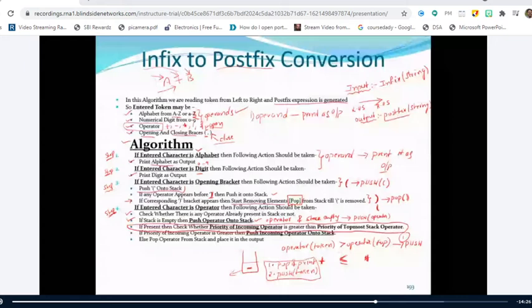That's it. Next, what do you have to do when you come across the opening parenthesis? Push it, sir. Super. You just have to perform the push operation. And what do you have to do when you come across the closed parenthesis?